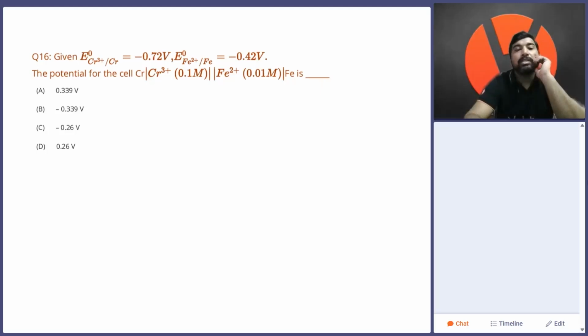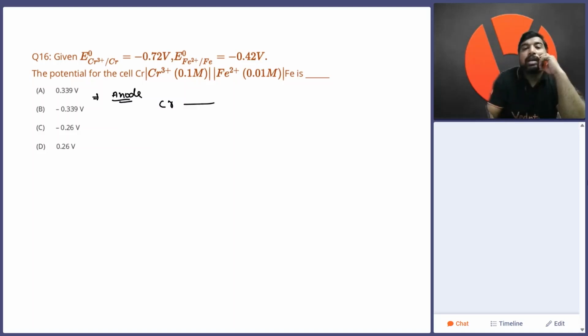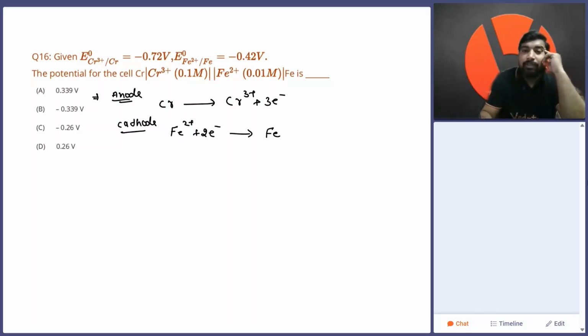Now we're going to discuss question number 16. For question number 16, first we need to write the equation. At the anode, the equation is Cr converting into Cr3+ plus 3 electrons, and at the cathode, Fe2+ plus 2 electrons converting into Fe.